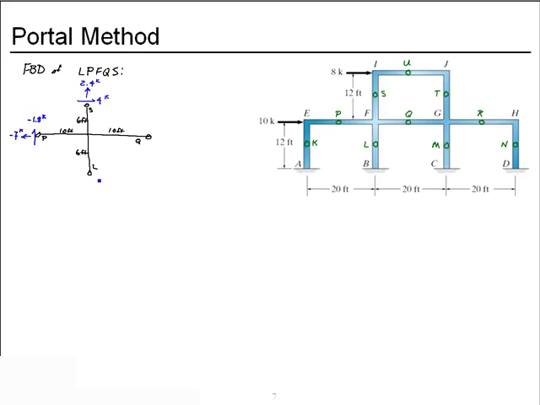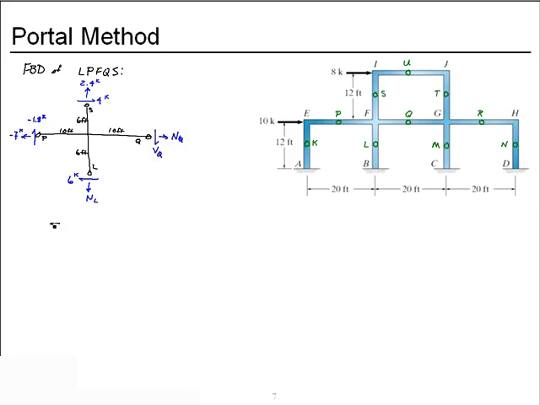Now at L, using the Portal method assumptions, we had approximated that the shear at L would be 6 kips since it's an interior column, but we don't know the normal at L. And we don't know the shear at Q or the normal at Q. So for our free body diagram, we have 1, 2, 3 unknowns. And the only ones I'm really interested in are these, because we're going to construct a moment diagram of the girder containing this piece.